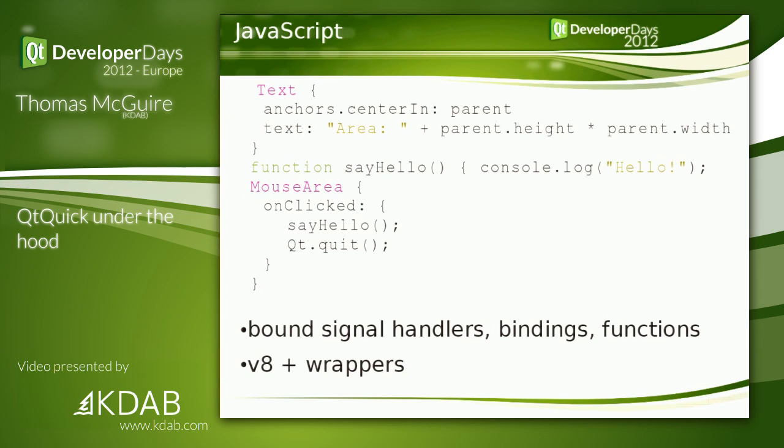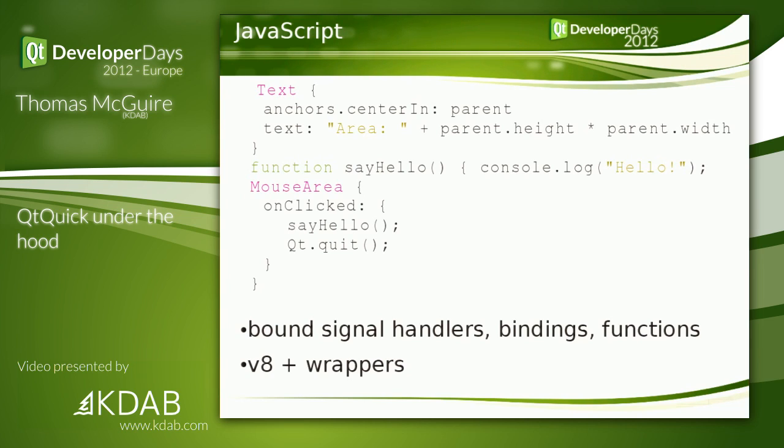As soon as it finds a name of an object or of a property that it doesn't know about, it will call for help: I don't know what I have to do, I don't know this parent thing. And it will ask the QML engine in a so-called wrapper. So it will reach out into the QML engine: okay, dear QML engine, tell me what this parent thing is. And the QML engine will look it up in its context scope, and return it.